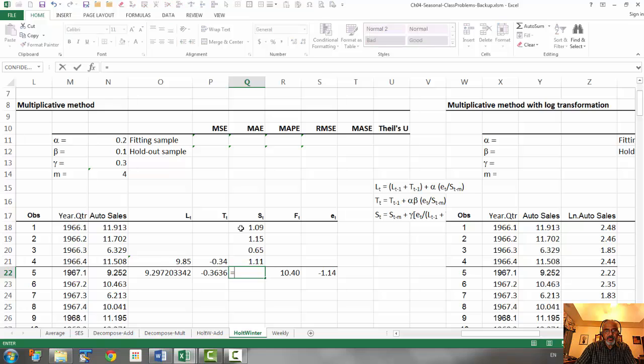Seasonality smoothing is the previous smoothing. Okay.